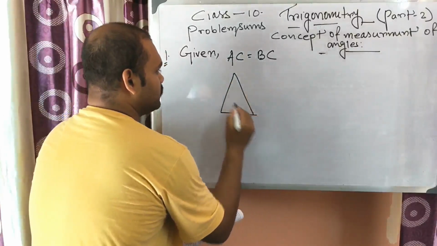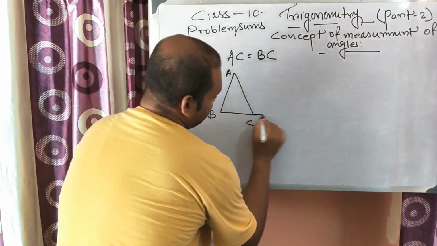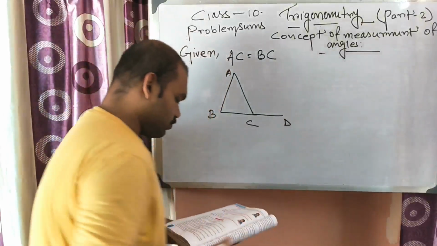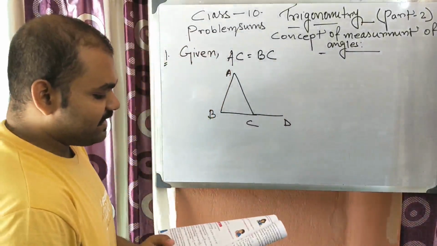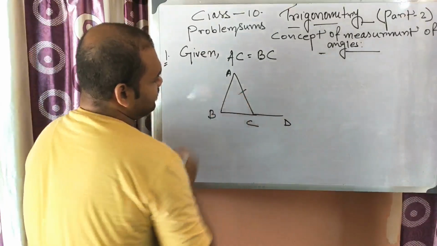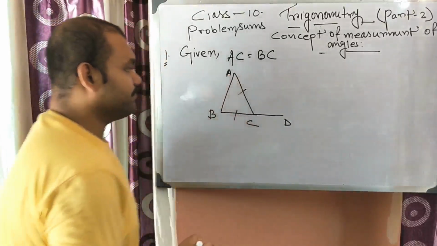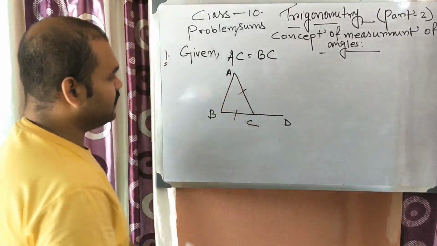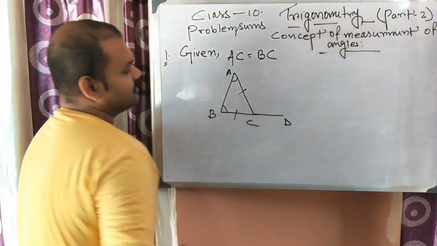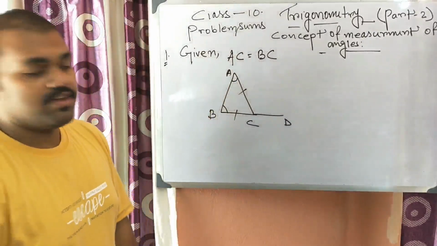This is A, this is B, this is C. Now BC is extended up to the point D. Since AC is equal to BC, AC and BC are the same, so this angle and this angle have the same value.